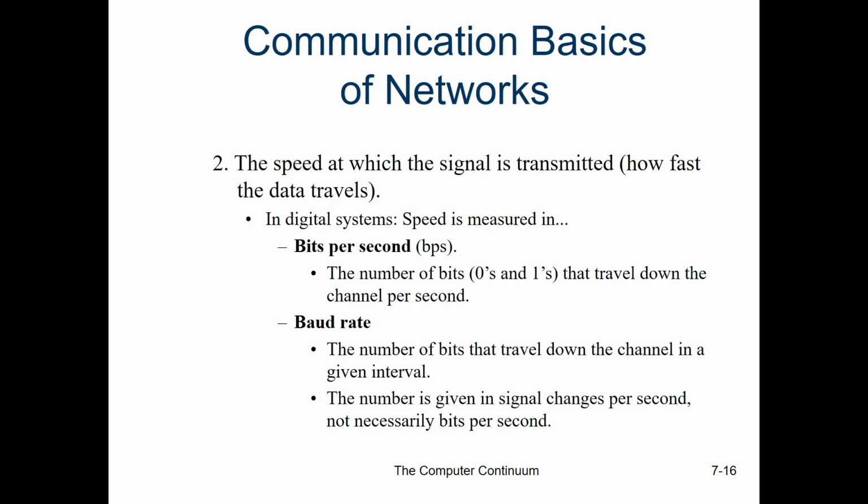One is bits per second, which is used to measure digital signals. It is the number of bits, zeros or ones, that travel down the channel per second. And then we have baud rate, the number of signal changes that travel down the channel in a given interval. Those are the two ways you could measure the speed at which a signal is transmitted through a data channel.